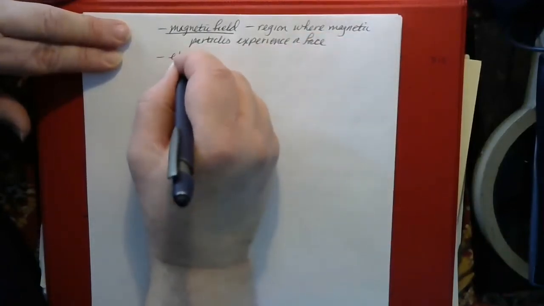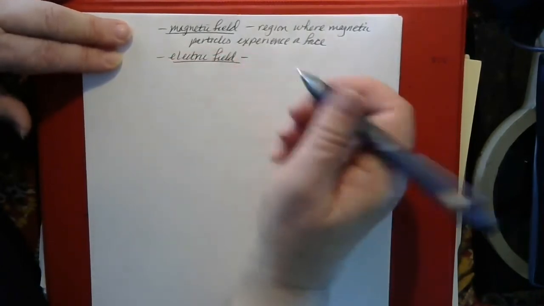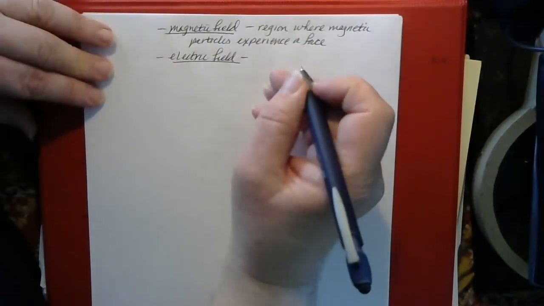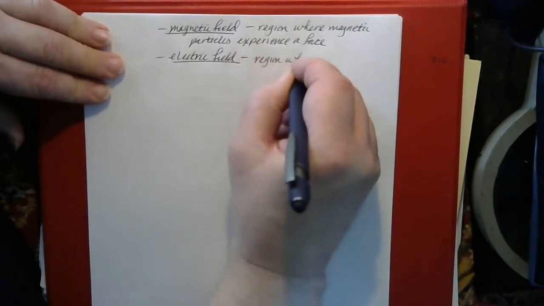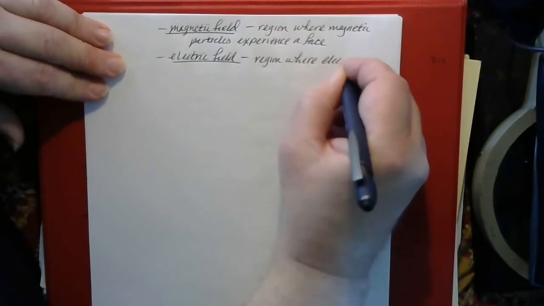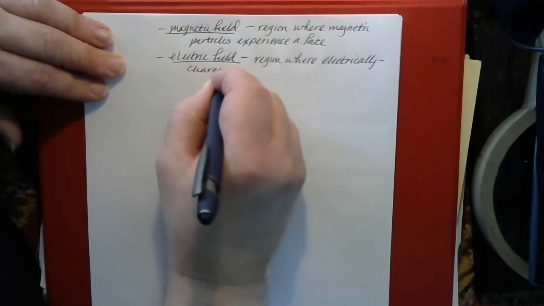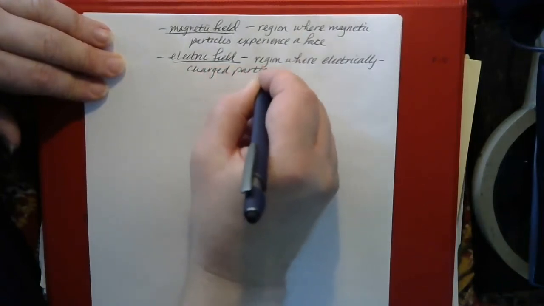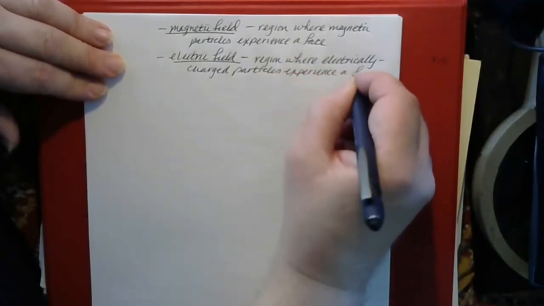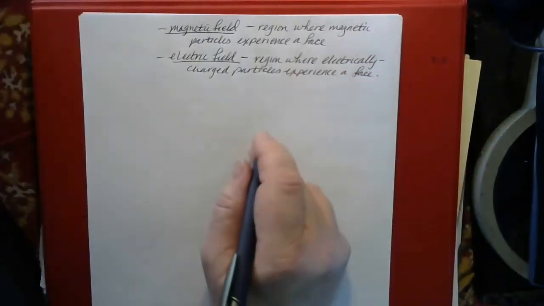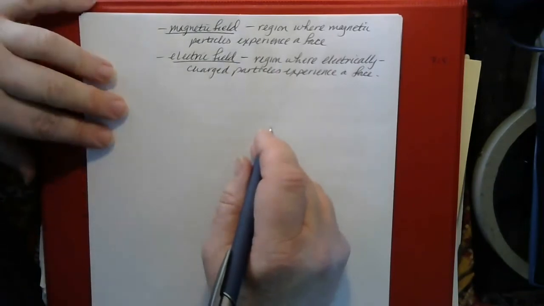And an electrical field is just, in general, a region where electrically charged particles experience a force. Okay, and electricity and magnetism are very definitely related to each other.